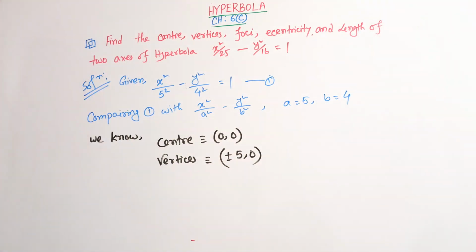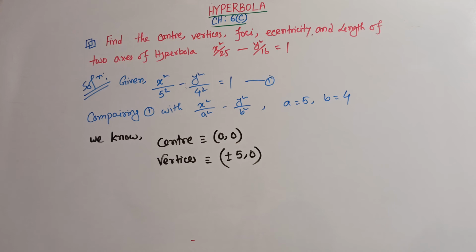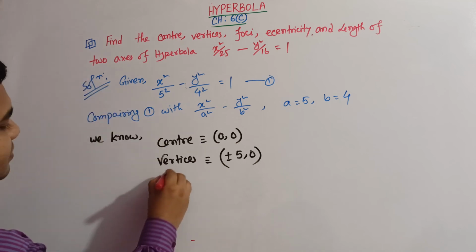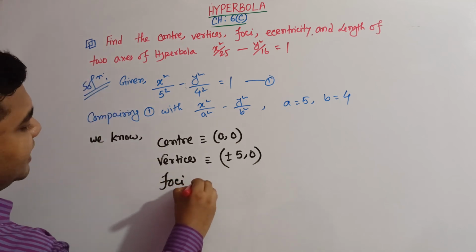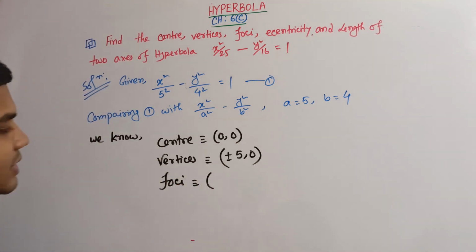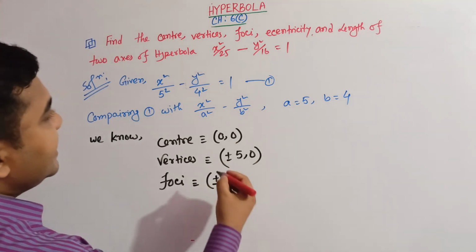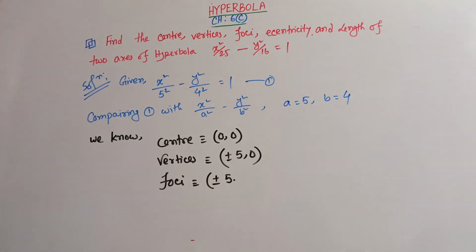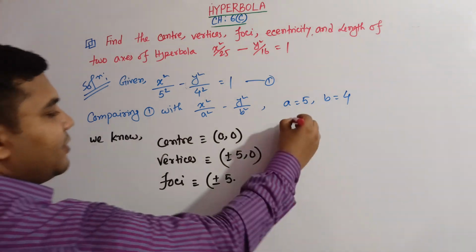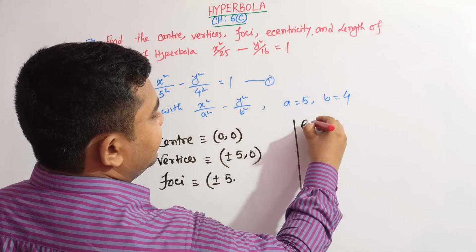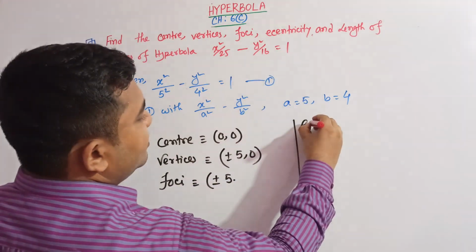Very easy to find out the vertices because it is just putting in the value, plus minus 5 comma 0. Then foci, we know foci is plus minus ae comma 0, where a is 5, but we need to know what e is, so first find the eccentricity e. So here also we have to find the eccentricity.